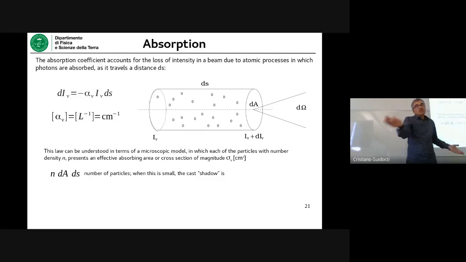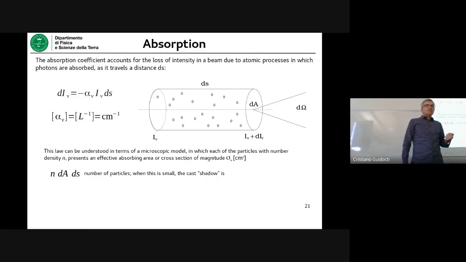And the volume is the same as before: surface dA times ds. So n dA ds is the total number of atoms that absorb radiation within that volume.